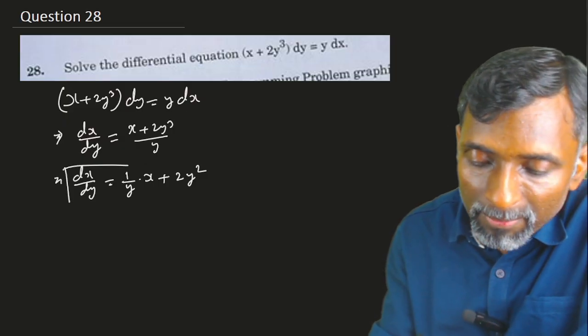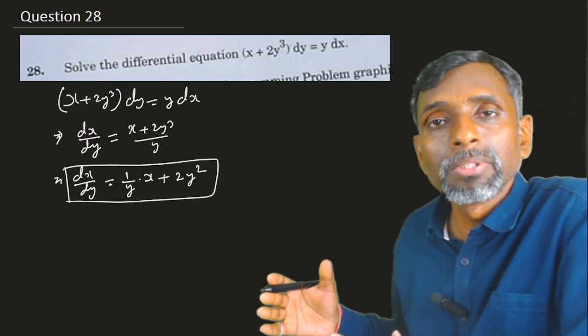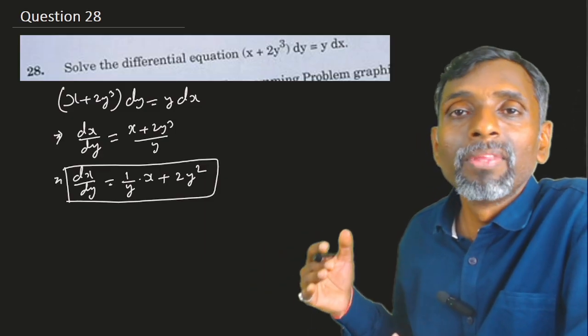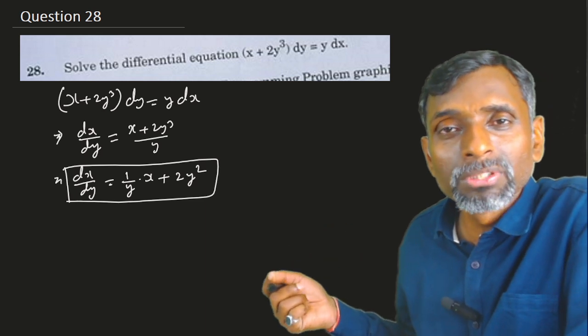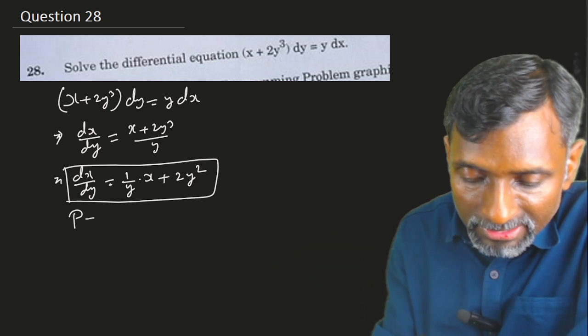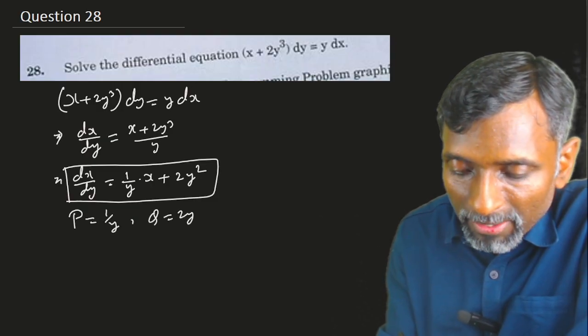So first we have to find the value of p and q. You know the 4 steps of the linear differential equation. First we find p and q in terms of y, and then we find the integrating factor, multiply the integrating factor both sides, and then we use the formula. So I am solving step by step. P is equal to 1 by y and q is equal to 2y².